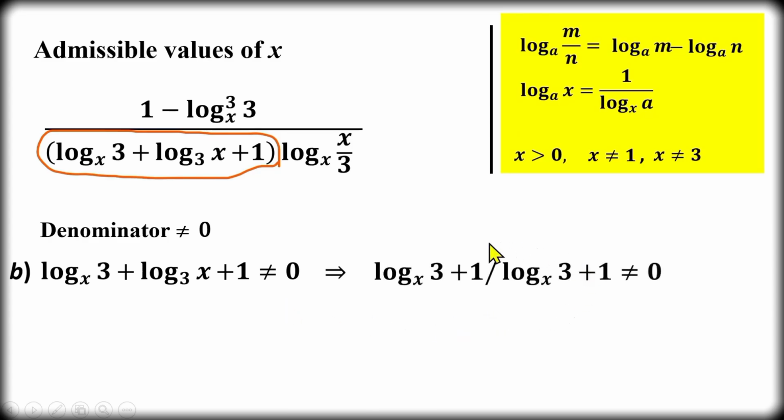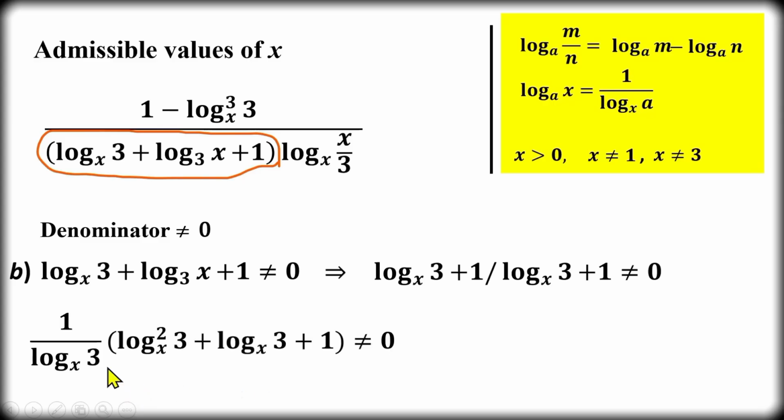Then we transform the left-hand side to a more convenient form. This multiplier in the left-hand side is not equal to 0. So we analyze what we have here. For simplicity, we denote log x of 3 as y and rewrite in such form.